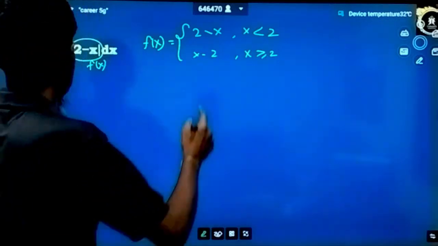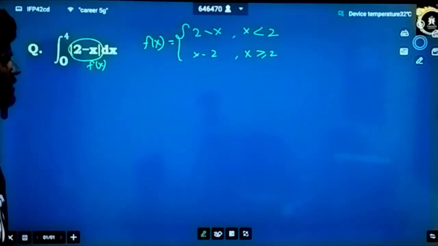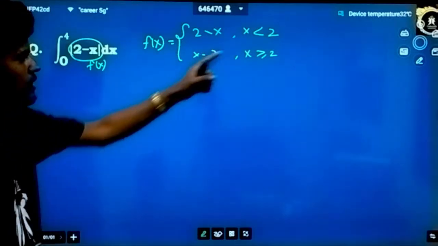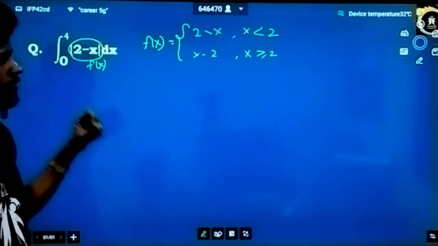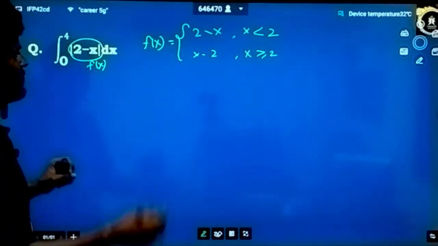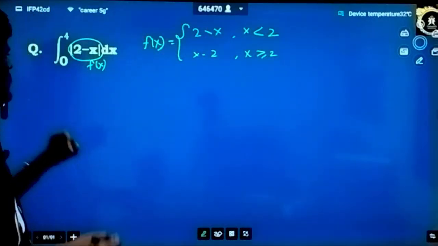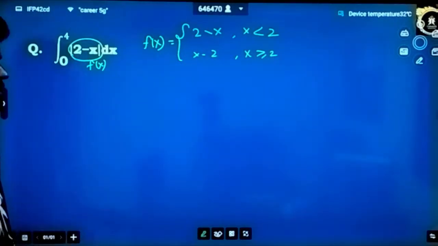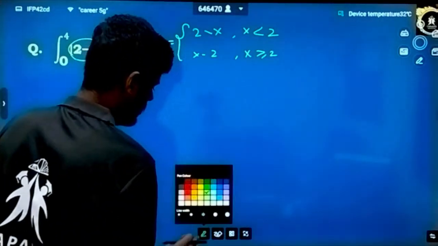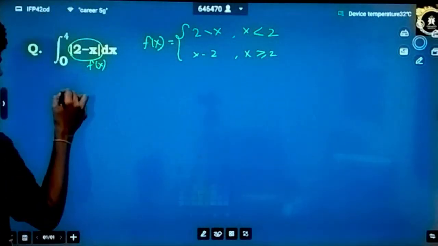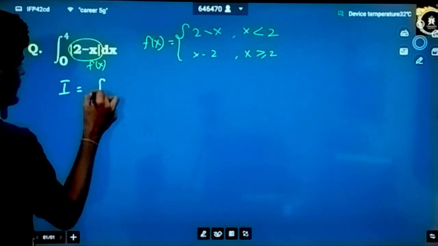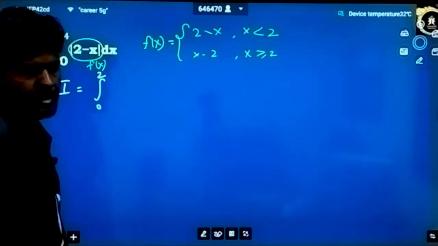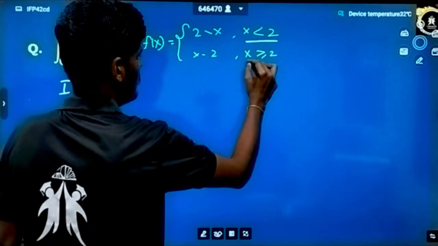Then the interval we have to calculate is between 0 to 4, and 2 is a point inside 0 to 4. That means we have to split this integral into two separate integrals. So I will be equal to the integral from 0 to 2, as this function changes its nature at the point 2.